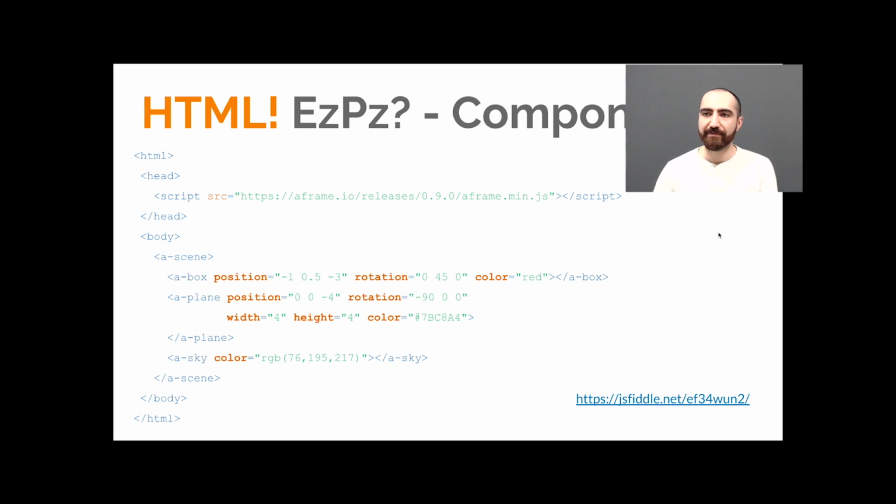Okay, so the next part we're going to talk about is components. Components are the second part of ECS, and really they hold data for our entities. So we look at our box here. It has a component for position, which gives it data for its position. It gives us a component for rotation, which gives us data for its rotation and whatnot.